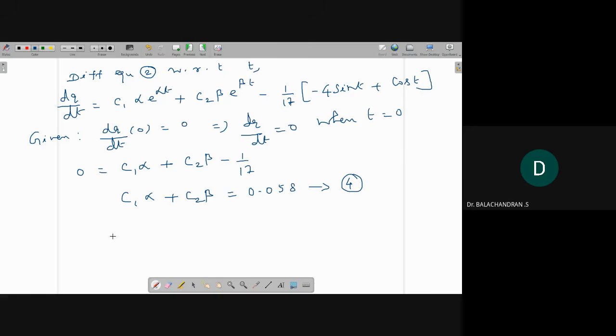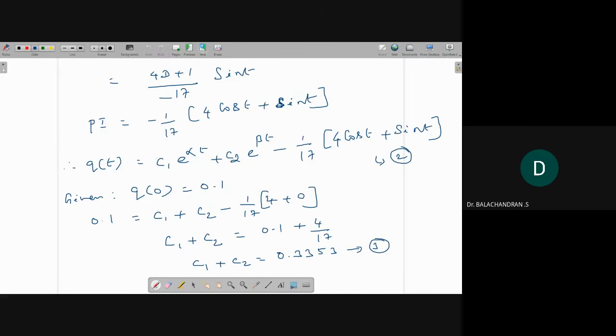Now I leave it to you. I'll write again the previous equation. C1 plus C2 equal to 0.3353.